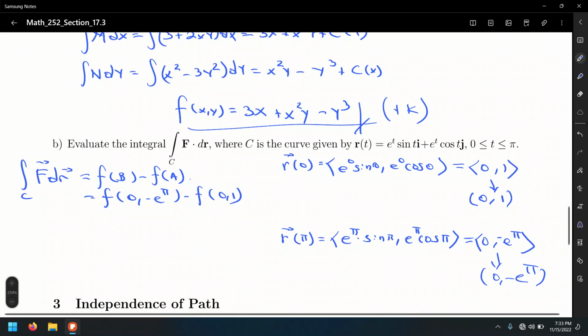And let's just use our potential function to do such evaluation.